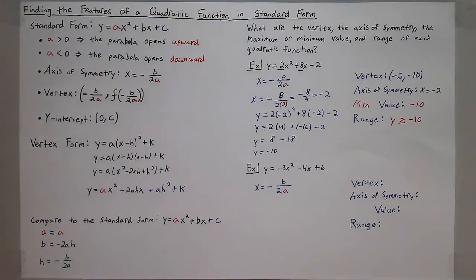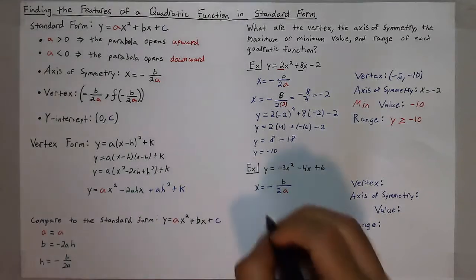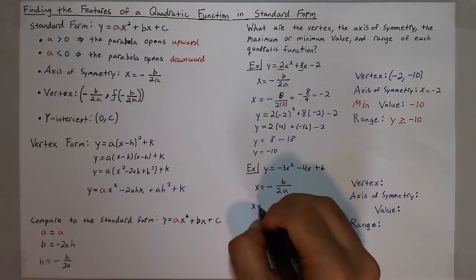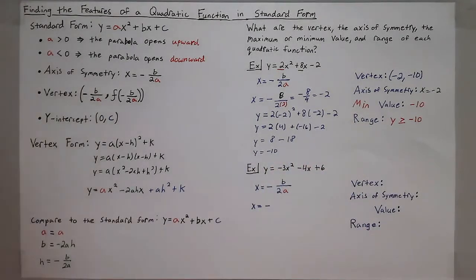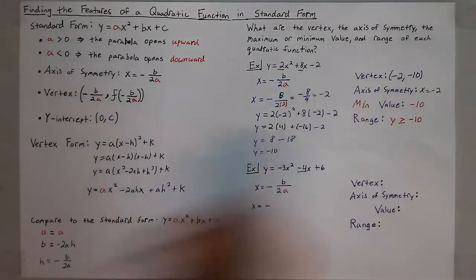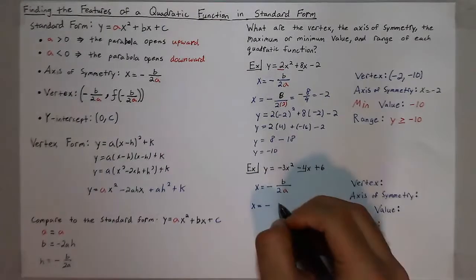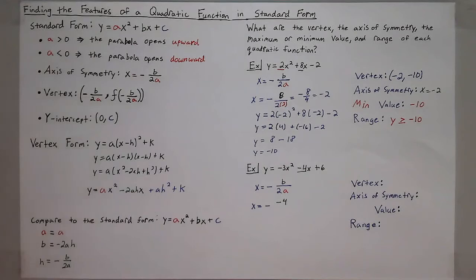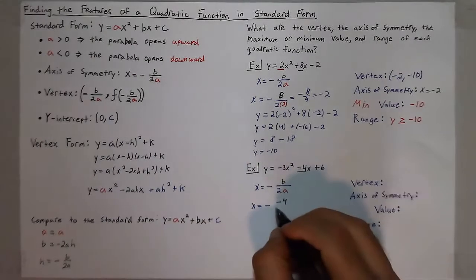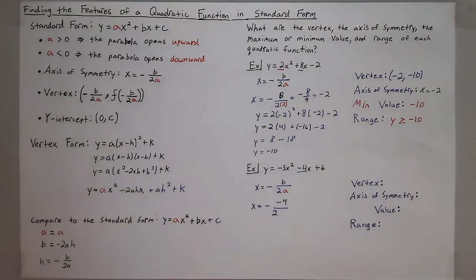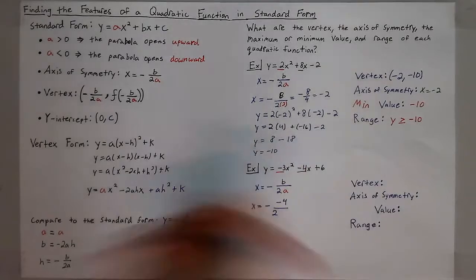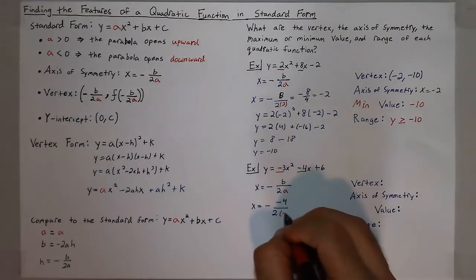Let's try another example so I can go through that process one more time. First, we start by finding that axis of symmetry. b, in this case, would be negative 4, over 2 times a, which in this instance is negative 3. It's a lot of negatives going on here, so we're going to take our time.